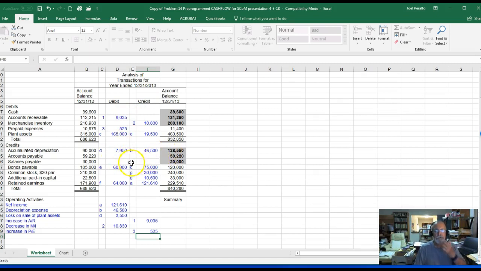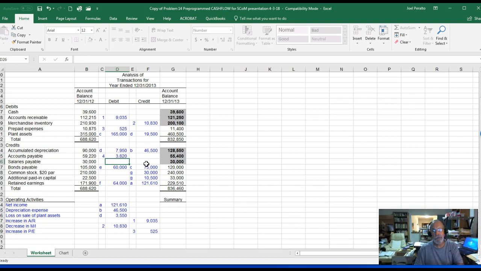Accumulated depreciation is okay. Accounts payable, we need to look at accounts payable. Accounts payable went from 59,220 to 55,400. So accounts payable went down by 3,820. Now, for a liability to go down requires a debit, and that debit is 3,820.